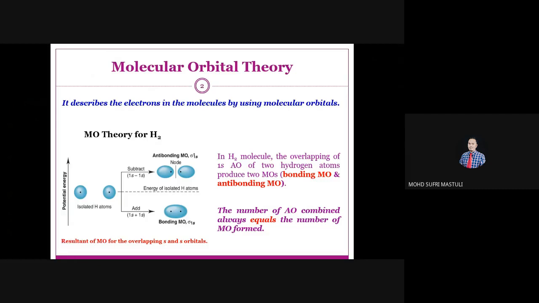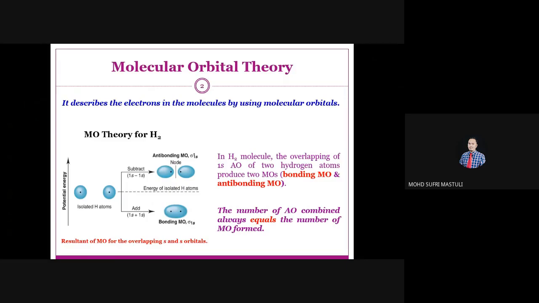So we focus a little bit on this diagram. If we are asked to draw the molecular orbital energy diagram for this molecule, as usual, we should have an energy axis.